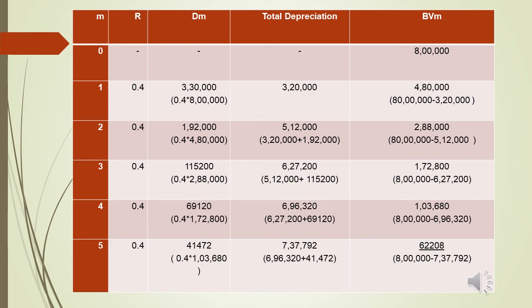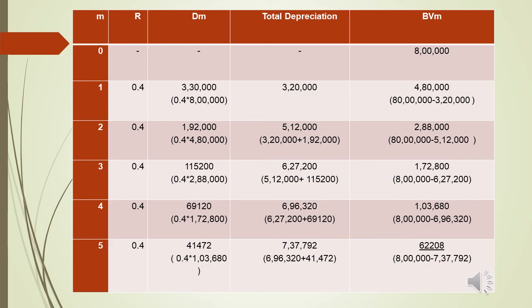Now BVM of that fifth year will be 8 lakhs minus total depreciation of the same year, that is 8 lakh minus 7,37,792. Answer will be 62,208. Like you all saw previously, the last value should be equal to the salvage value that is given. This is decreasing below it, right? It is not equal.